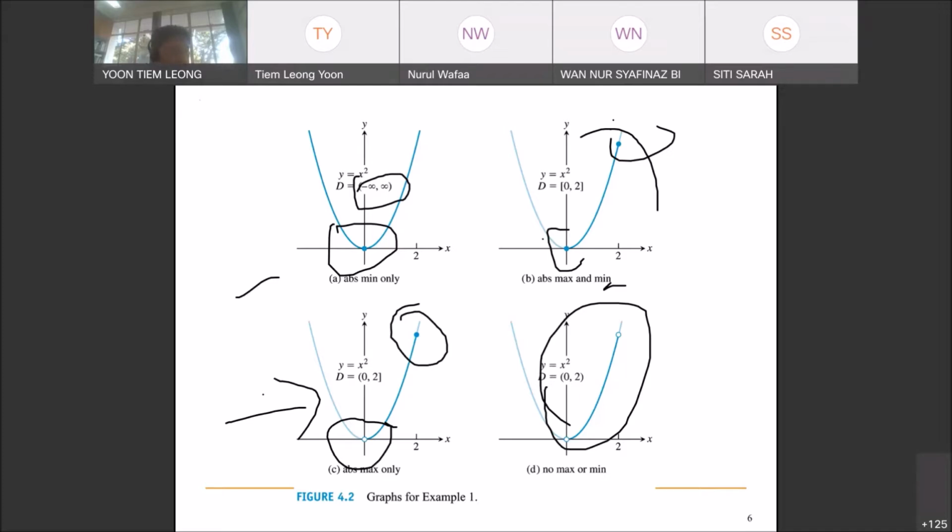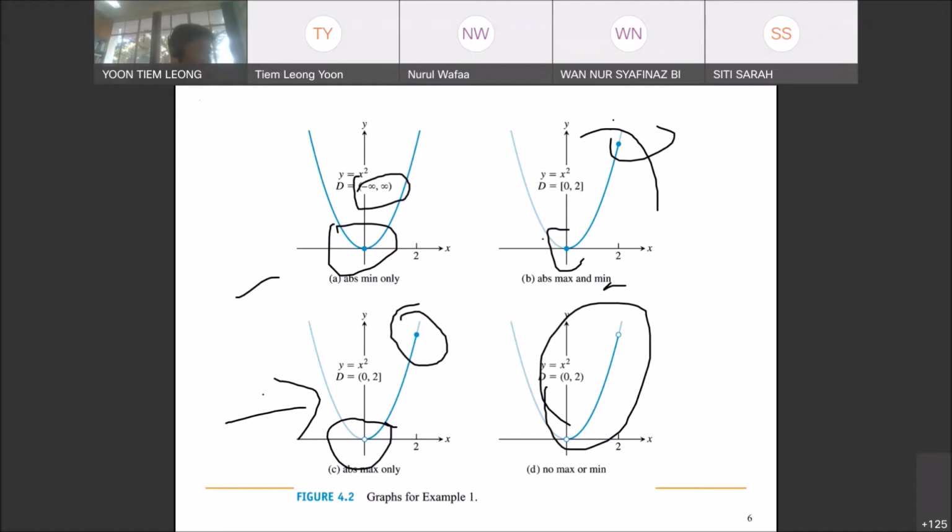For the special case where the function is continuous and defined within a closed interval, you have an absolute maximum and absolute minimum. Otherwise, you may or may not have absolute extrema for that function.